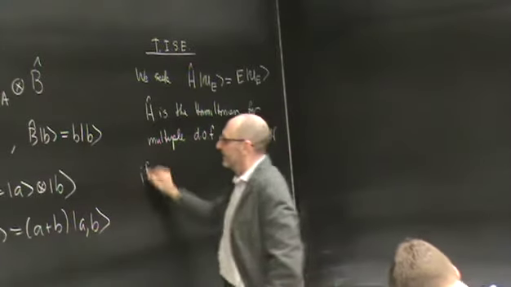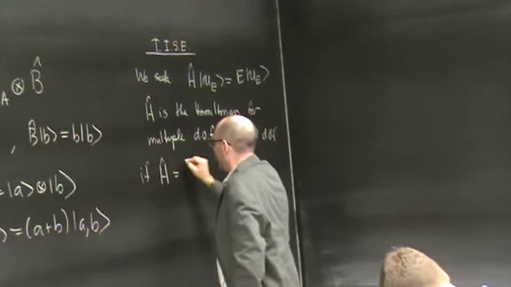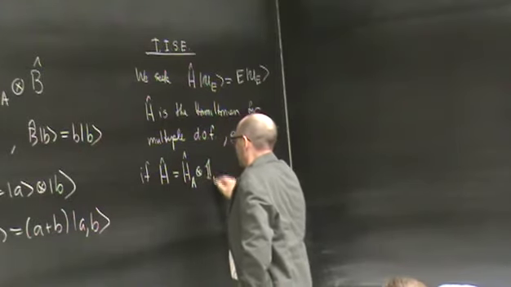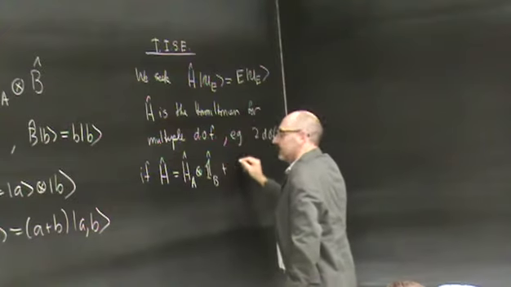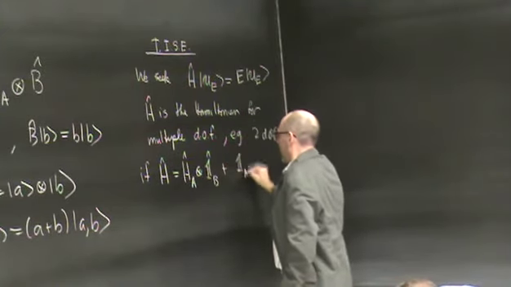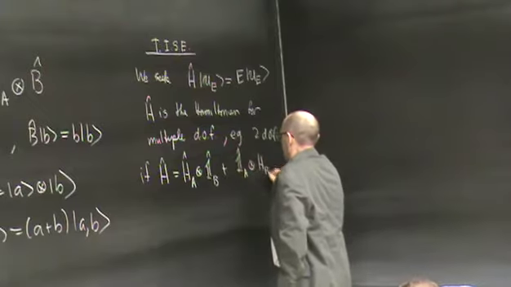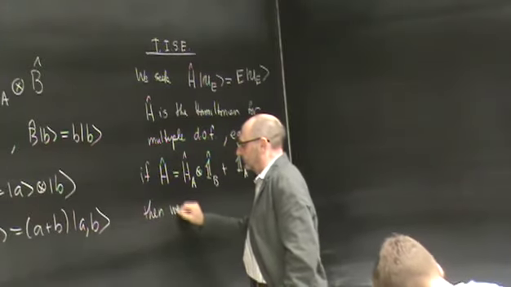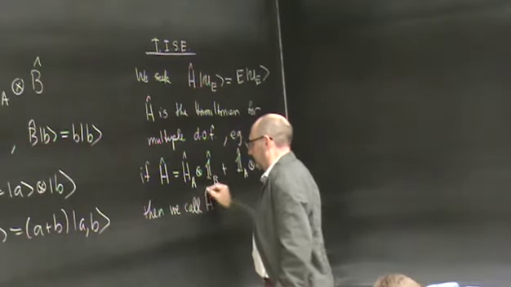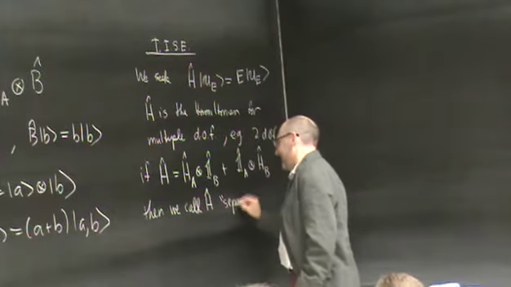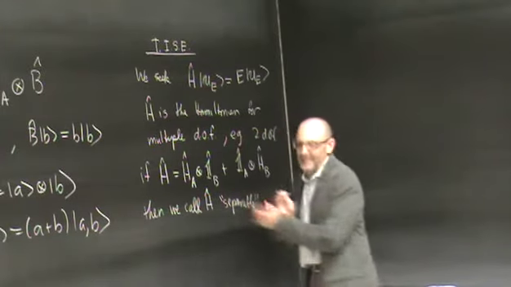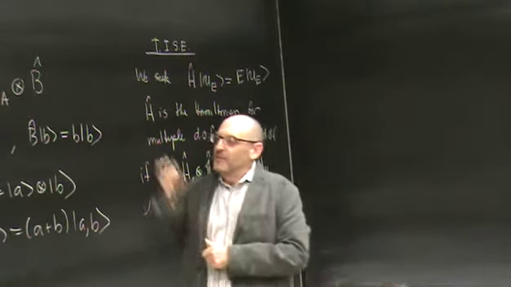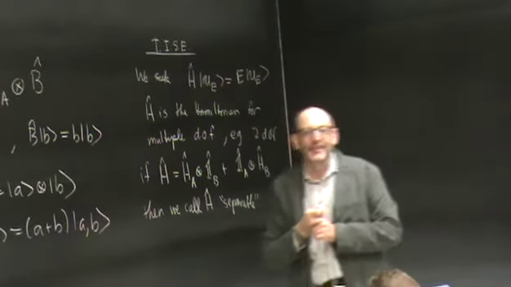So if the Hamiltonian is of the form, a Hamiltonian that acts on degree of freedom A, tensor 1 on B, plus a term that does nothing to A, then we say the Hamiltonian is separable.